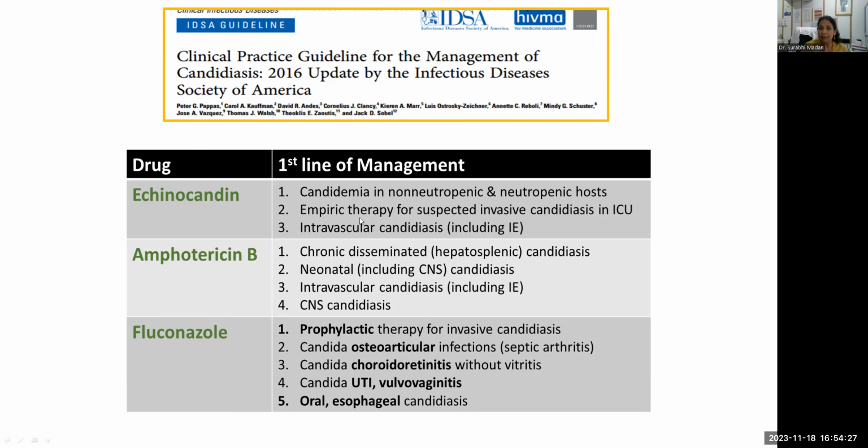First line as empirical therapy for suspected invasive candidiasis in ICU and intravascular candidiasis, including infective endocarditis. Similarly, amphotericin B is the first choice in patients with chronic disseminated or hepatosplenic candidiasis, in neonates, including CNS candidiasis, intravascular candidiasis, including infective endocarditis, and CNS Candida.